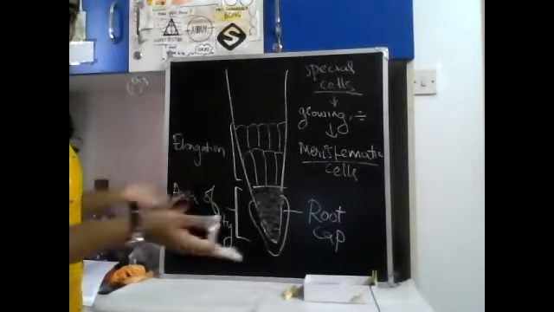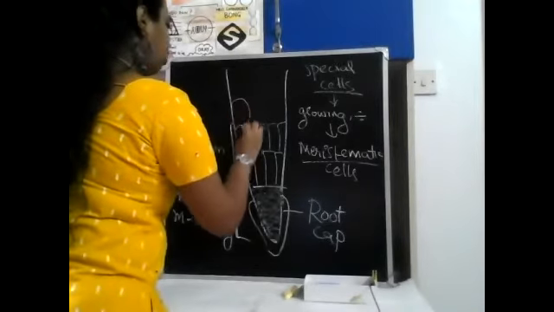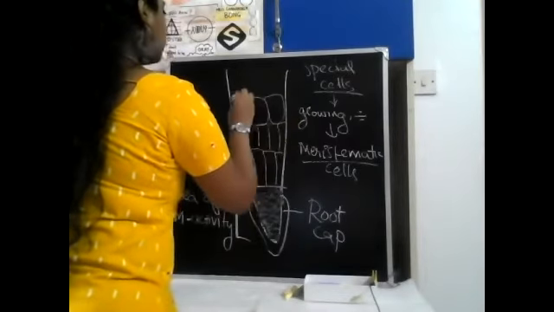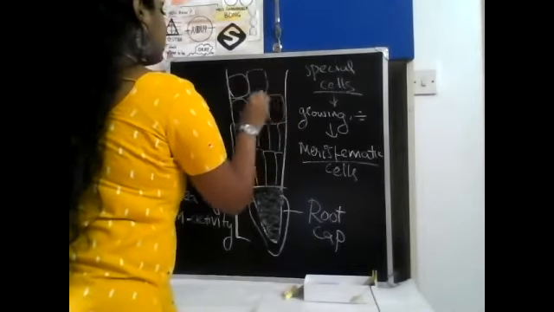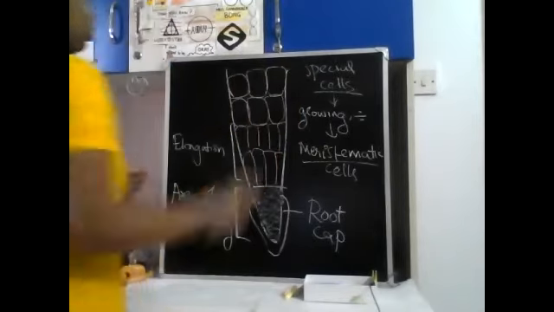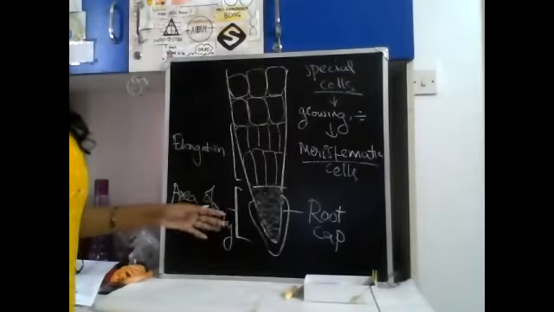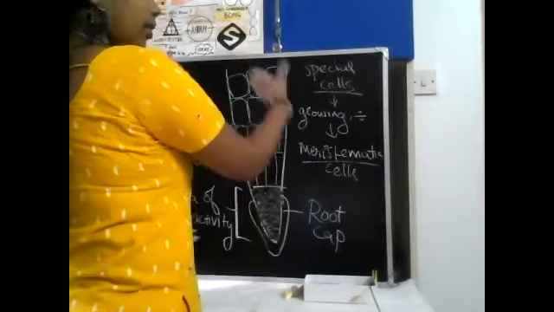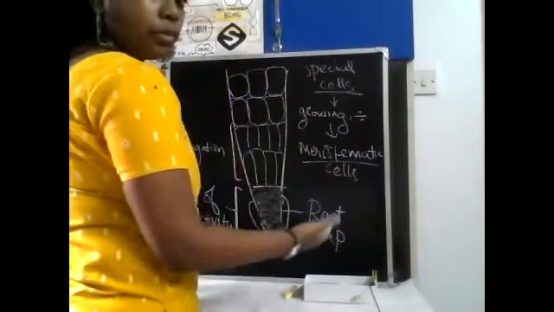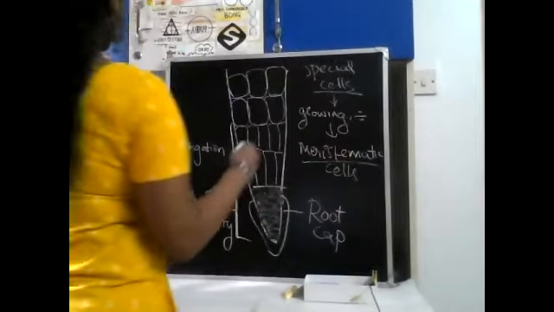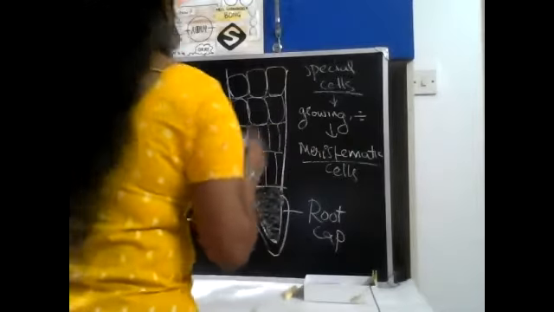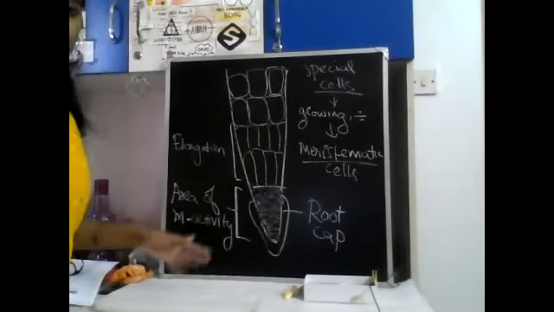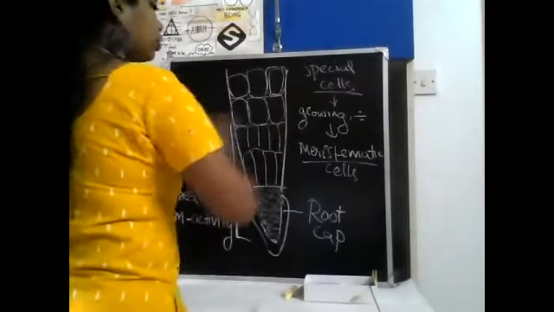After this, what happens? So the cells go on growing, but after a point of time, the cells that have grown will start losing the ability to divide. Meristematic cells, as they grow, will stop to divide. And when it stops to divide, that is when you have cells that are mature. So these are mature cells.